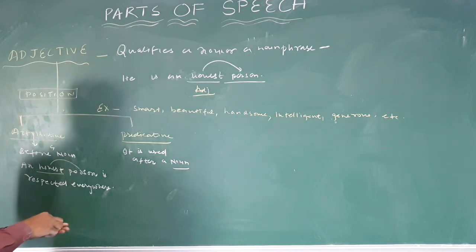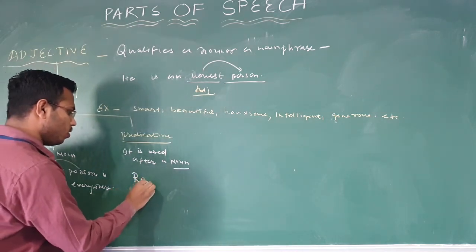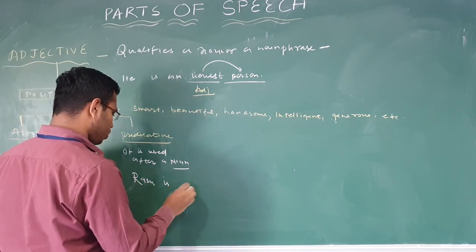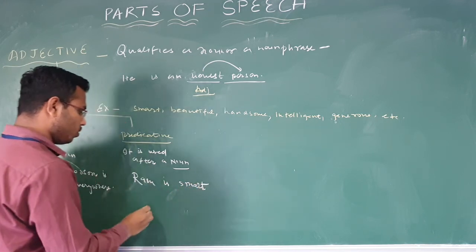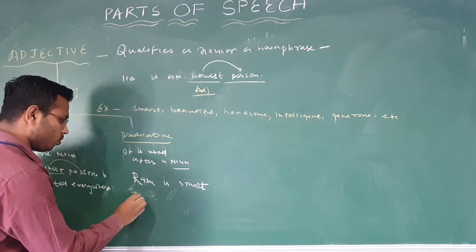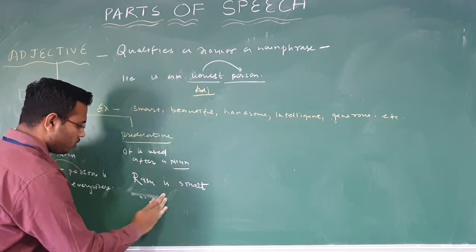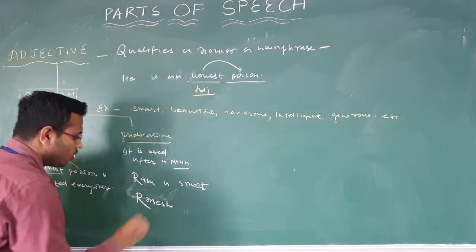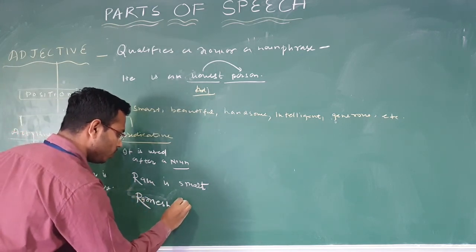Predicative means when adjectives are used after a noun. For example, if I say Ram is smart. Ramesh is intelligent.